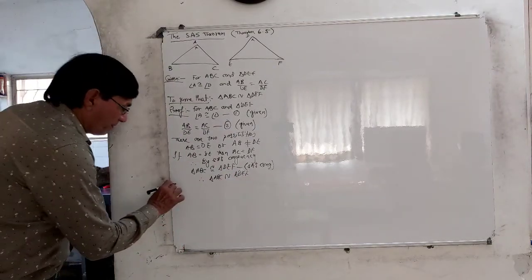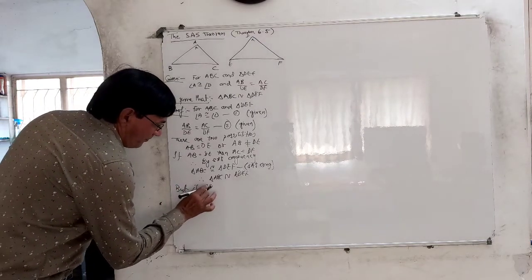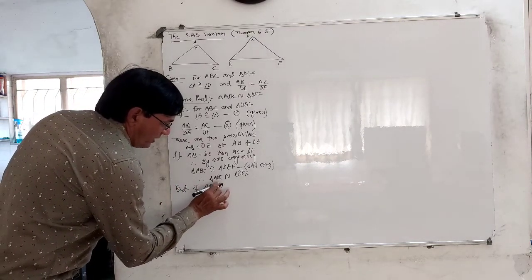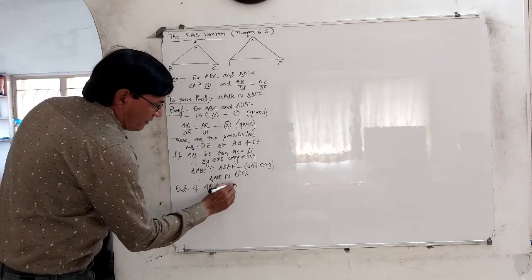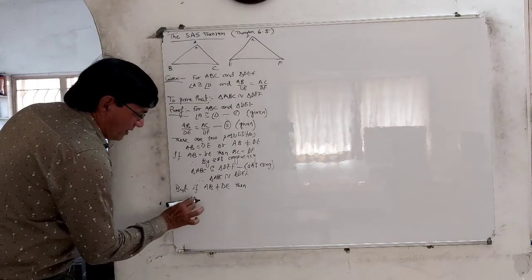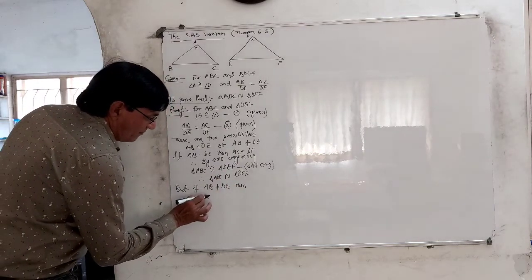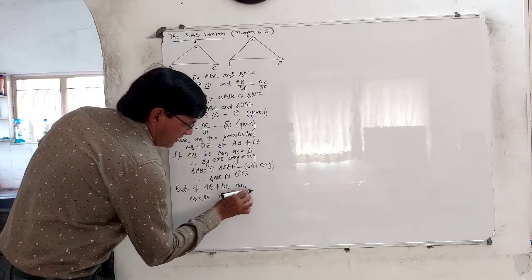But if AB is not equal to DE, then either AB is less than DE or AB is greater than DE.